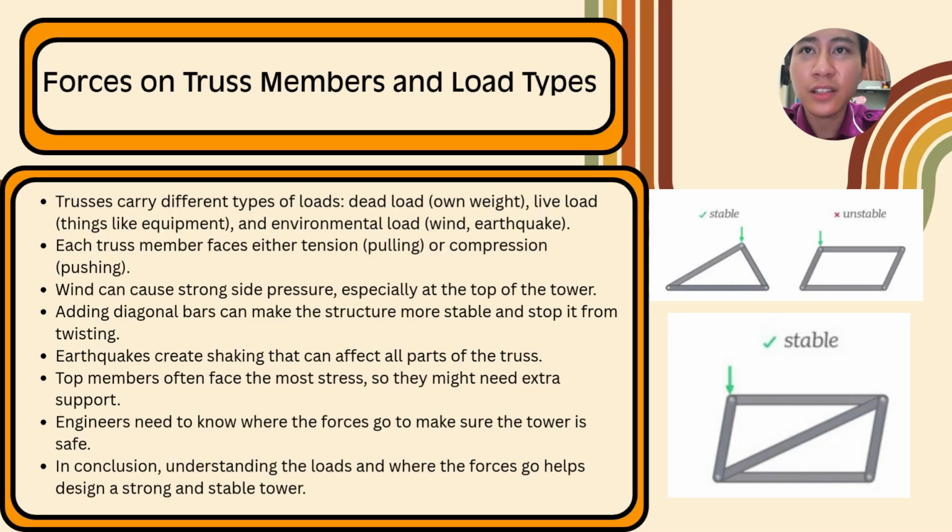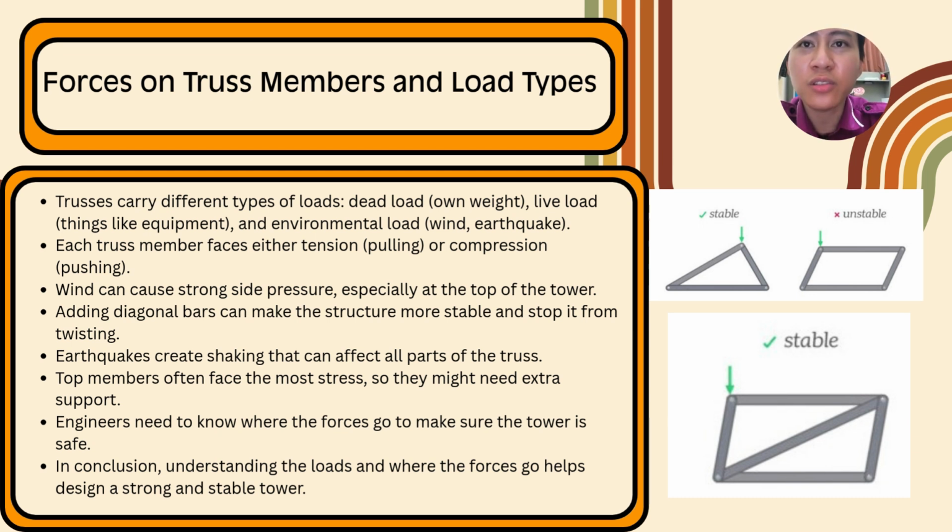And now this is the last topic for our literature review, which is the forces on truss members and load types. Trusses carry different types of loads, which are dead load, live load, and environmental load. Each truss member faces either tension or compression.